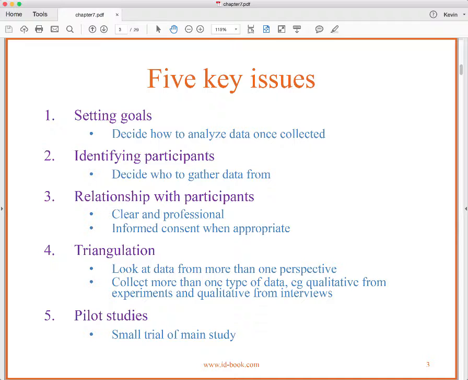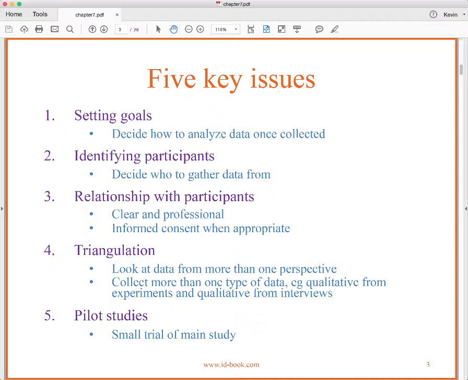So it's important for us to have a pretty good idea about how we would act on these before we go do it. And then we can really kind of work backwards from that, right? So, number one, decide how to analyze the data once collected. You would think that you might be doing this at the end, but it's an ideal thing to pose at the beginning.